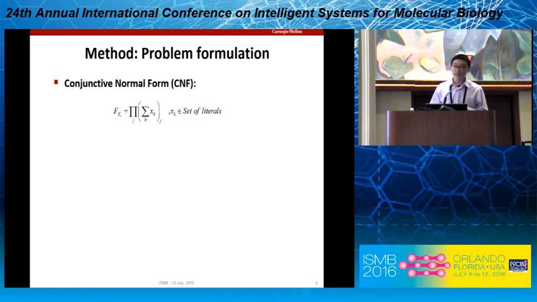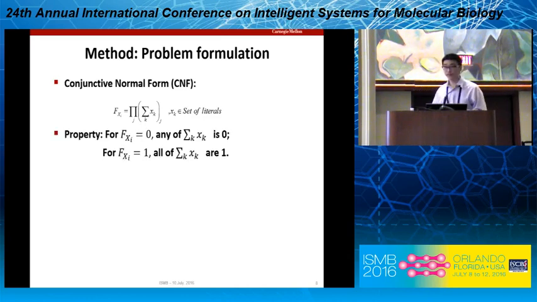To start with our method, we first go to the problem formulation. In Boolean algebra, conjunctive normal form is one of the common ways to represent a Boolean function. It's actually a product of sums. The property of this form is very clear. If any of the sums is zero, the function will be zero.